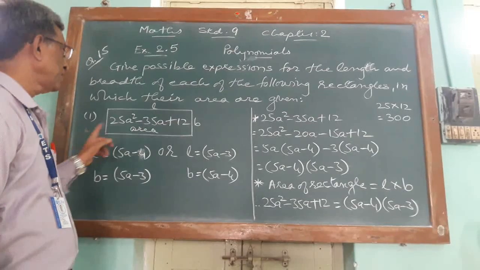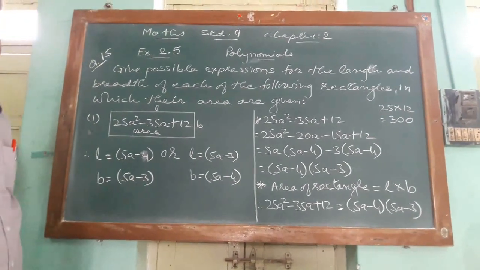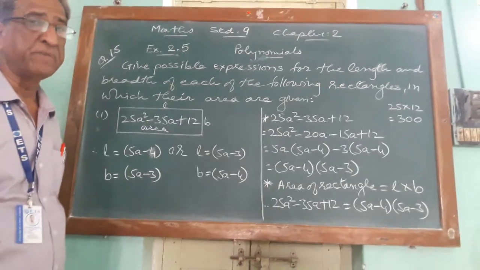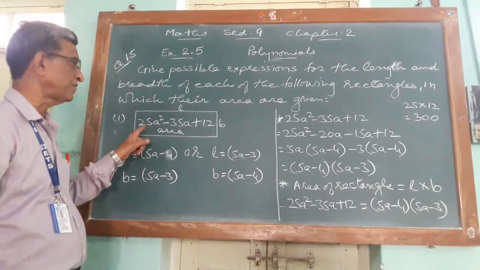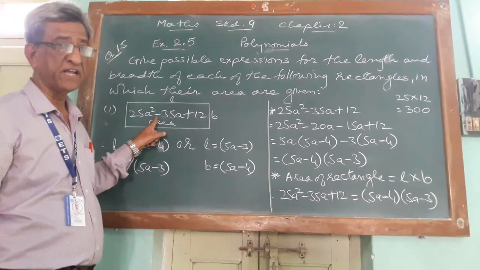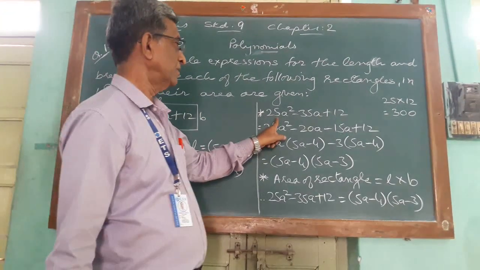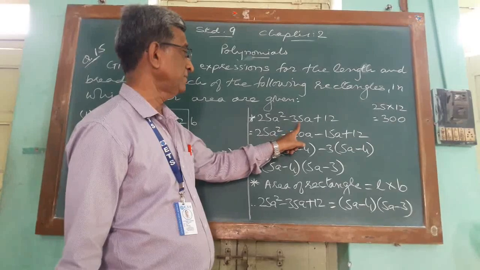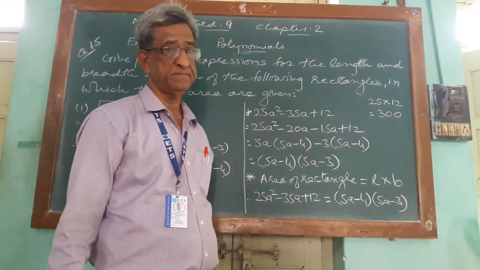You know the formula of the area of a rectangle. Area of rectangle is L into B. So first you need to factorize the given area, 25a square minus 35a plus 12.